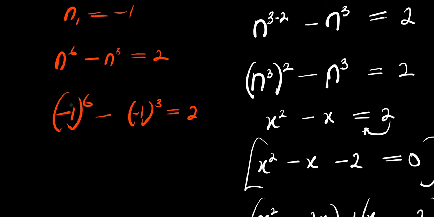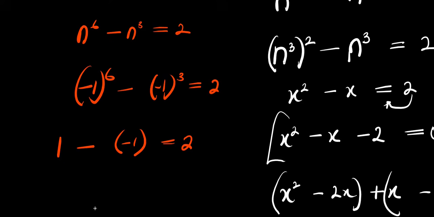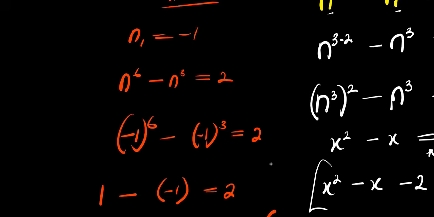When you have negative raised to an even number, you are going to have positive. So you have 1 minus, and when you have negative raised to an odd number, you have negative. So this is -1. So 1 minus minus 1 is 2, and this equals 2. So this has satisfied the equation.